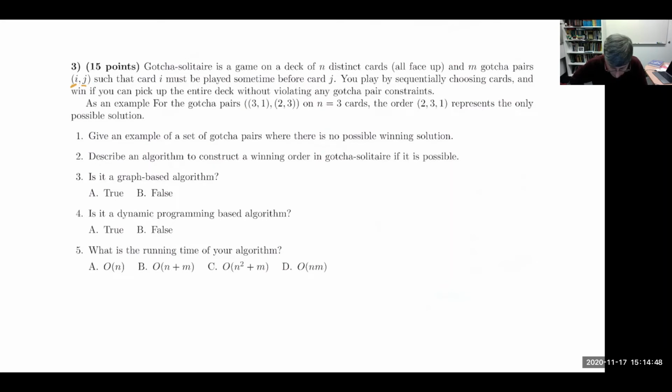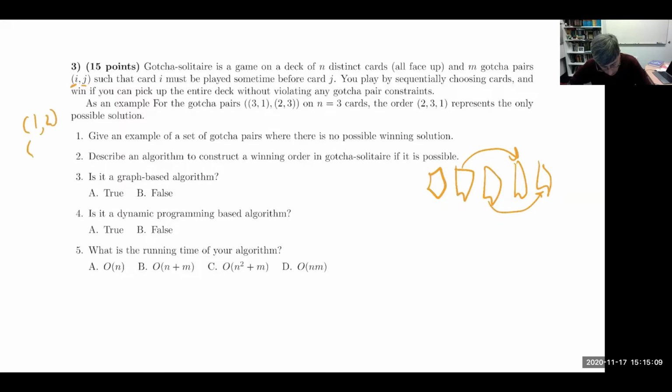You want to put all the cards down so that all the gotcha pairs go from left to right. Give me an example of a pair that doesn't have a solution. Well, 1, 2 and 2, 1. There's no way to order those two cards so that it satisfies all the gotcha constraints.